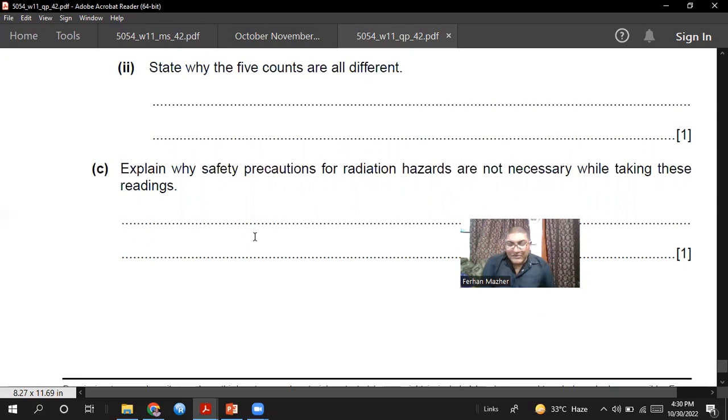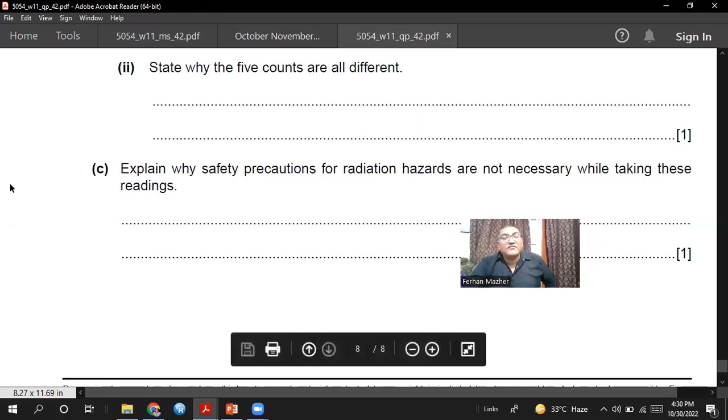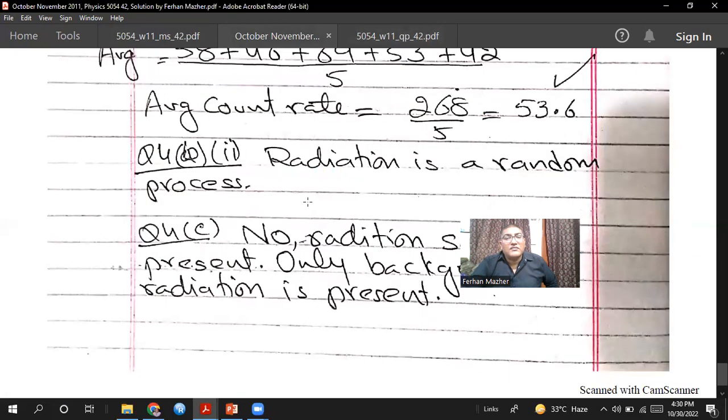Its sources can be different, but our body is used to this radiation. So this radiation normally does not cause any harm to our bodies. So there is no need for any precaution because there is no source of radiation.